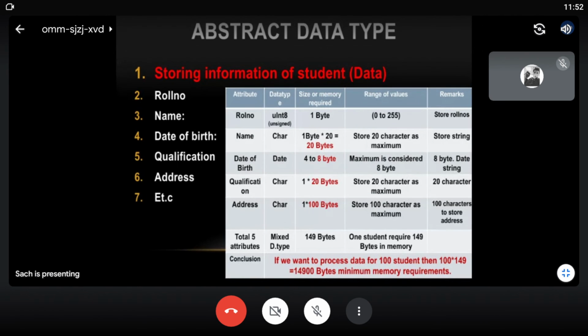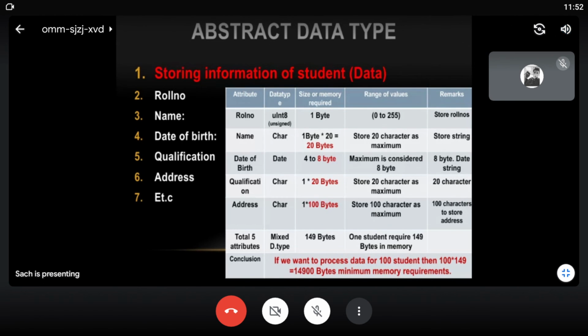So all numbers from 0 onwards are positive numbers. So 1 byte can store maximum 256 values. That means 256 combinations of bits. So we can say it can be used for storing numbers, or you can use it to store some symbols or characters, ASCII characters you can say.